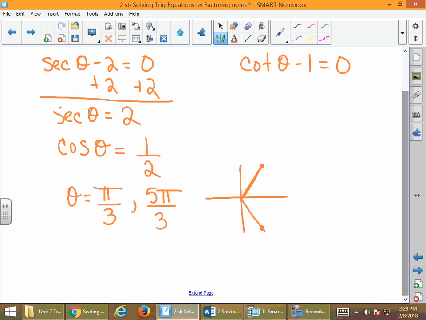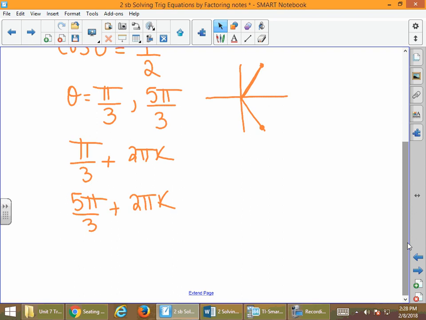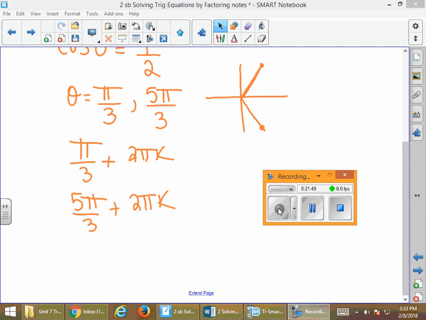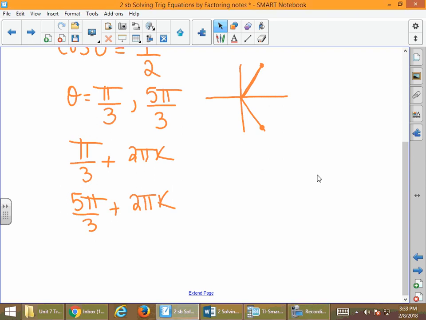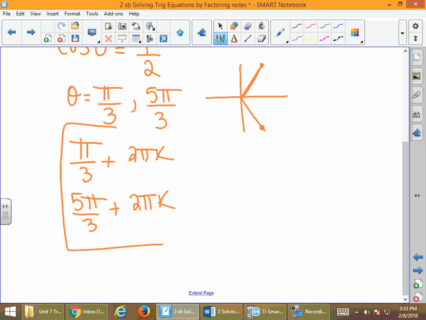No. And because we can't, this part of our factoring is going to be pi over 3 plus 2 pi k and 5 pi over 3 plus 2 pi k. So now we have the values for part of our factoring problem.